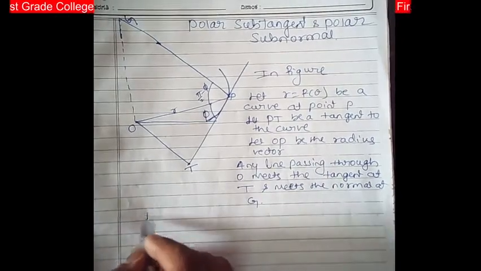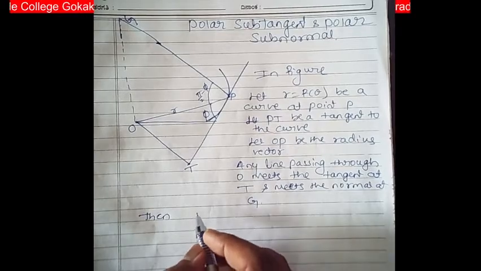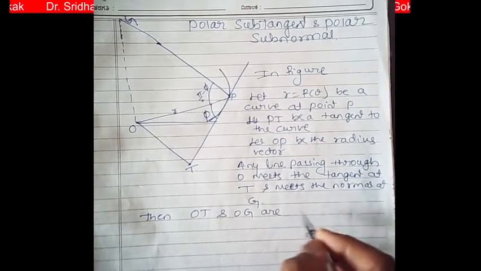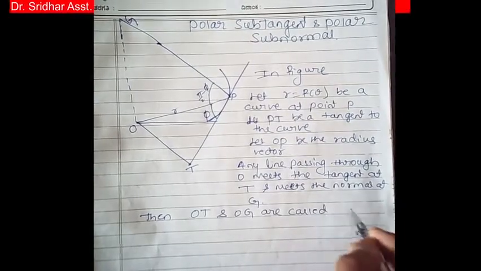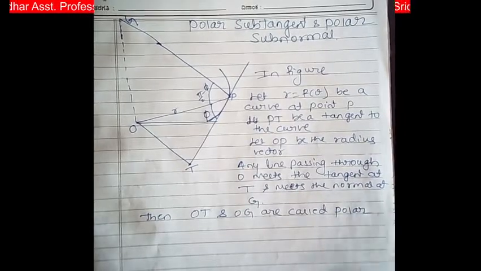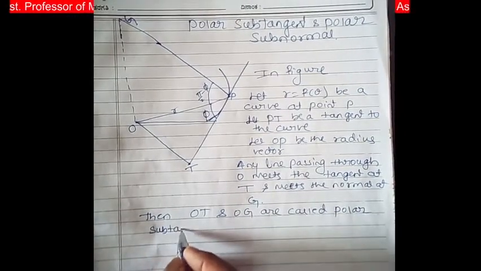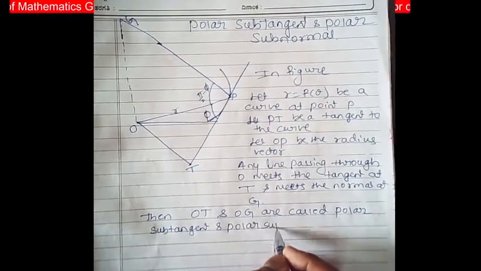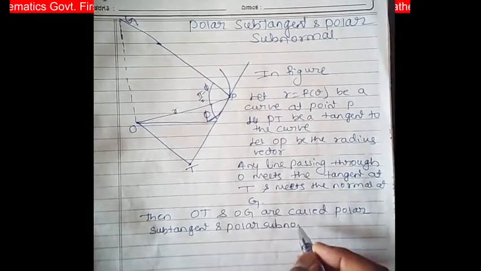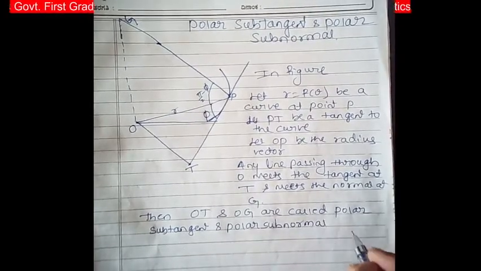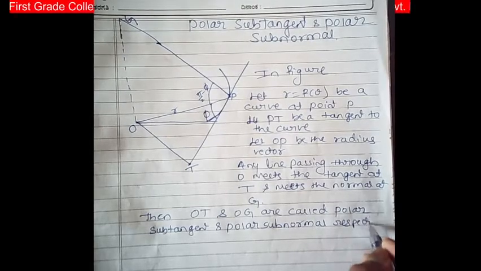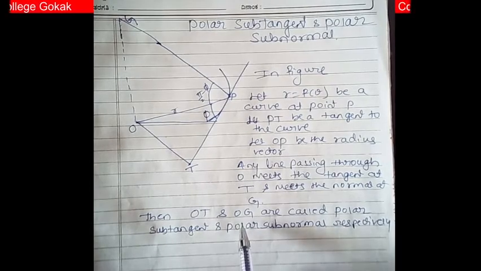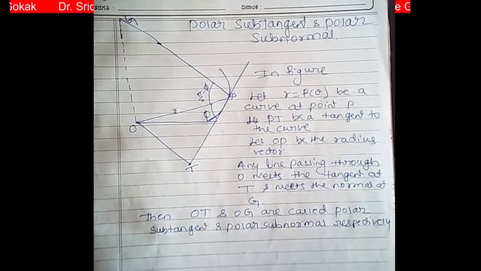Then OT and OG are called polar subtangent and polar subnormal respectively. That means this OT is called the polar subtangent and this OG is called the polar subnormal.